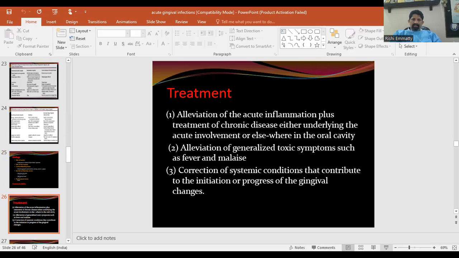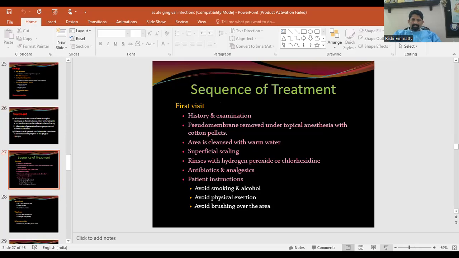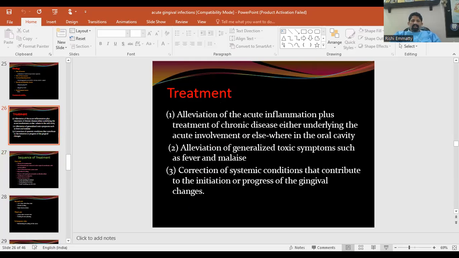and treatment is of three parts. One is alleviation of the acute inflammation plus treatment of chronic disease, either underlying the acute involvement or elsewhere in the oral cavity. Second, alleviation of generalized toxic symptoms such as fever and malaise.